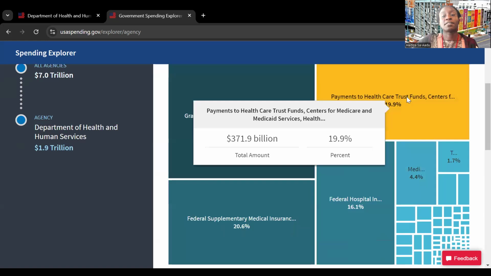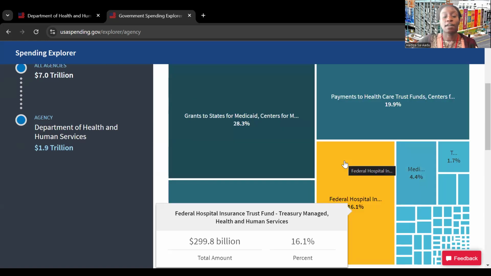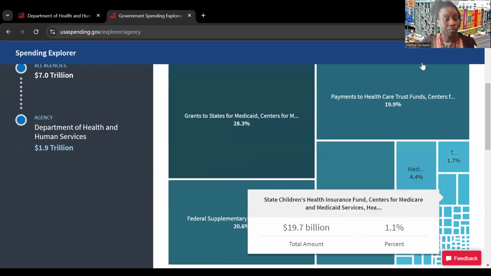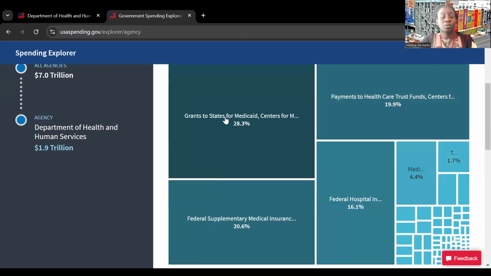Then payments to healthcare trust funds. Then federal hospital insurance trust funds. Then Medicare prescription drug accounts, centers for Medicare and Medicaid services, health and human services, etc. We can keep going. But as you can see, we're seeing the information a little bit differently.